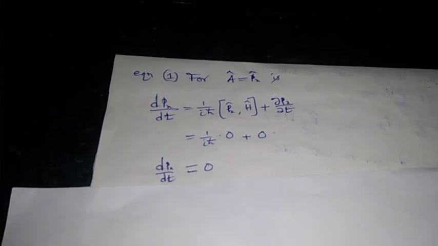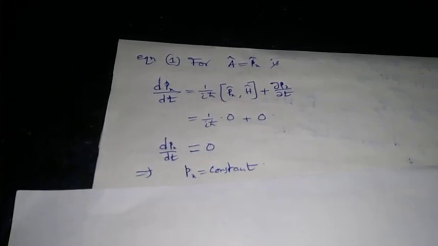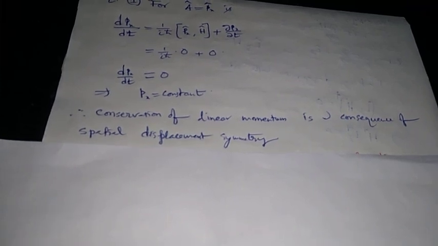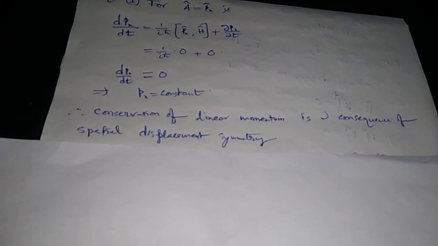So we get dpx/dt equals 0. That means px is a constant.